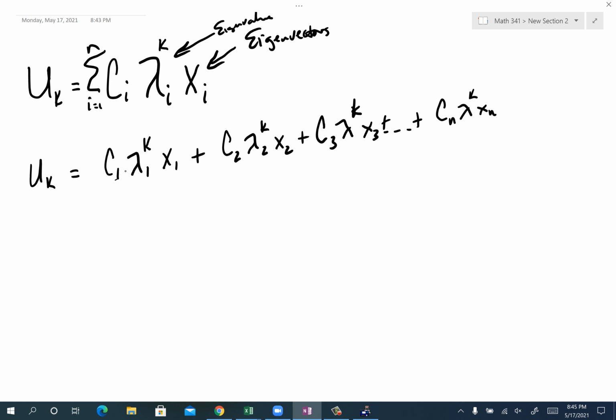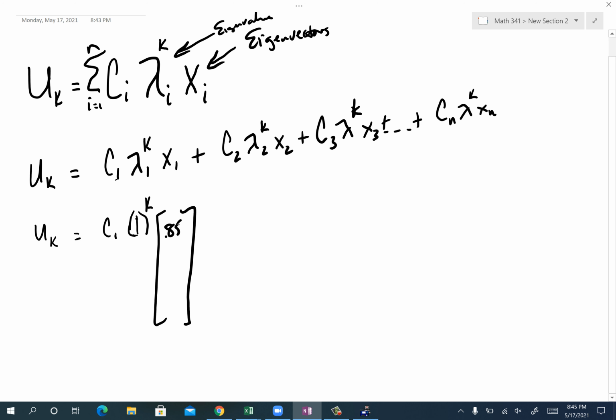Okay, so what you're saying, Jay, is that u to the k is going to be equal to c1, and I'm going to write them in this order, times the first eigenvalue to the k power. Now, this is what I have written down on my paper. If you wrote them down before, you'll note that mine are opposite sign, I think.